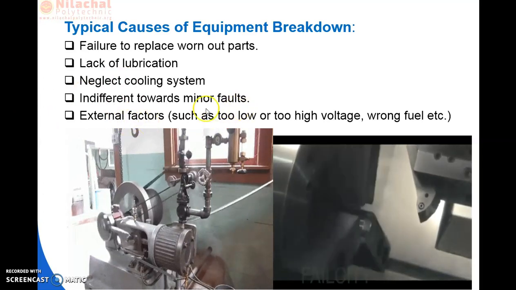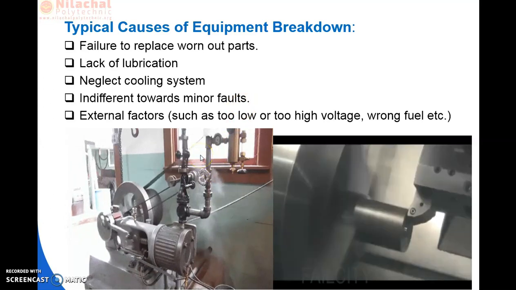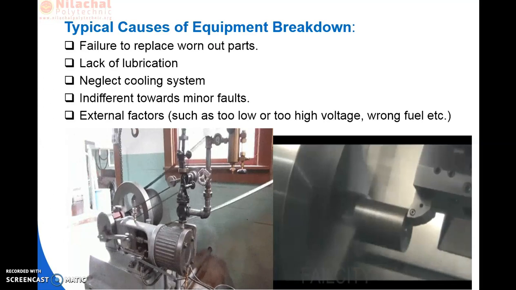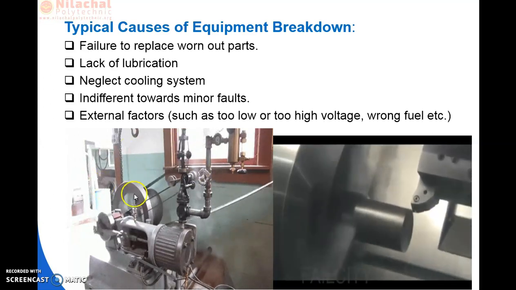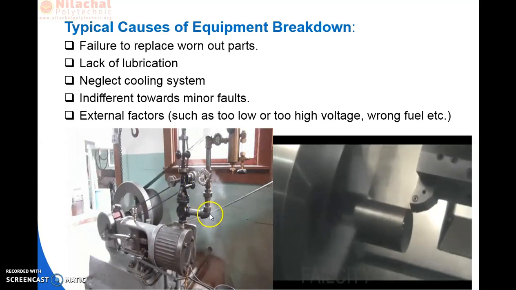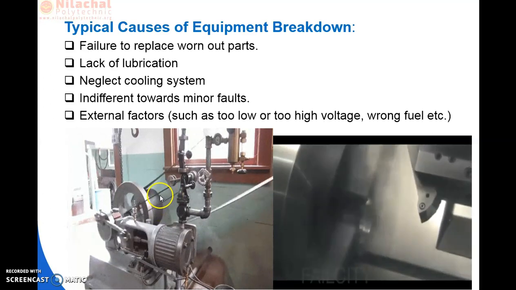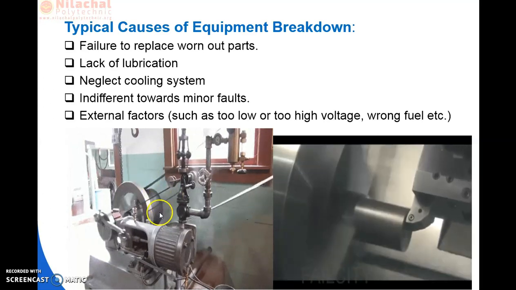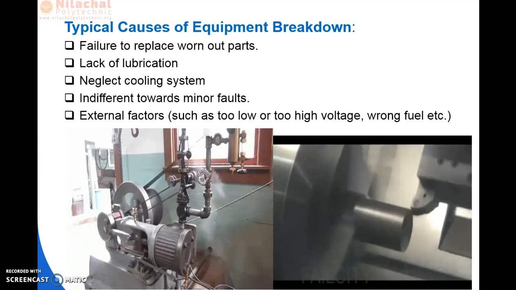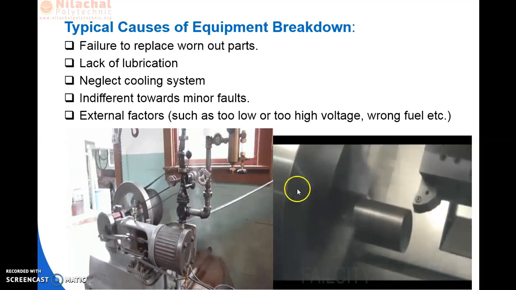Another cause is being indifferent towards minor faults. For example, the lead screw may be worn out. In another case, the belt drive is not moving upon the pulley, and there may be no power transmission from the main driver to the driven, so the power is not transmitted.